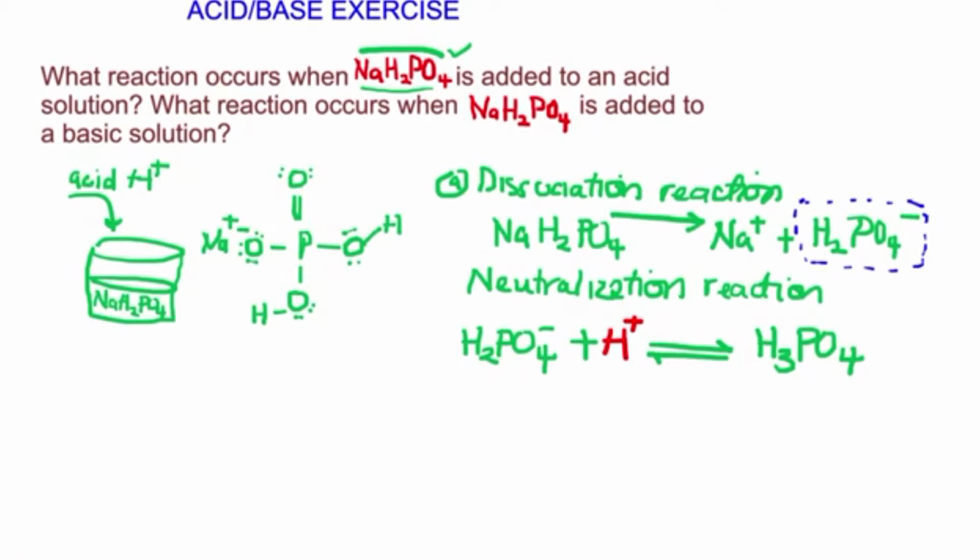So we're able to produce our product by a neutralization reaction, where this compound is acting as a base and this species, a proton, is the acid, and the base produces a conjugate acid.